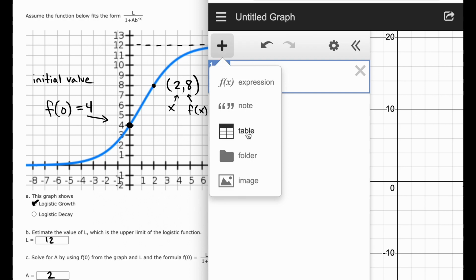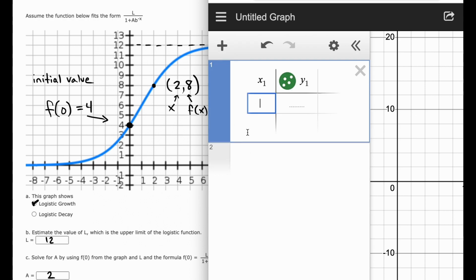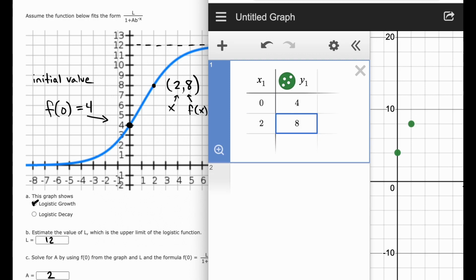So click plus to add a table, and then start to put in some points that your logistic function goes through, such as (0, 4). That was the initial value right here. I also see that my logistic function goes through (2, 8). Now that is not going to be enough to do the regression because there are many logistic functions that could go through those 2 points. You need more than just 2 points in order to do the regression.